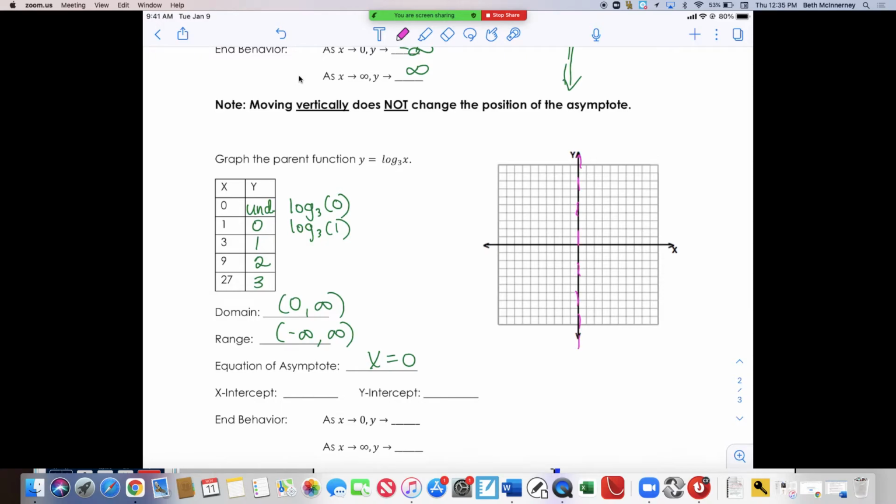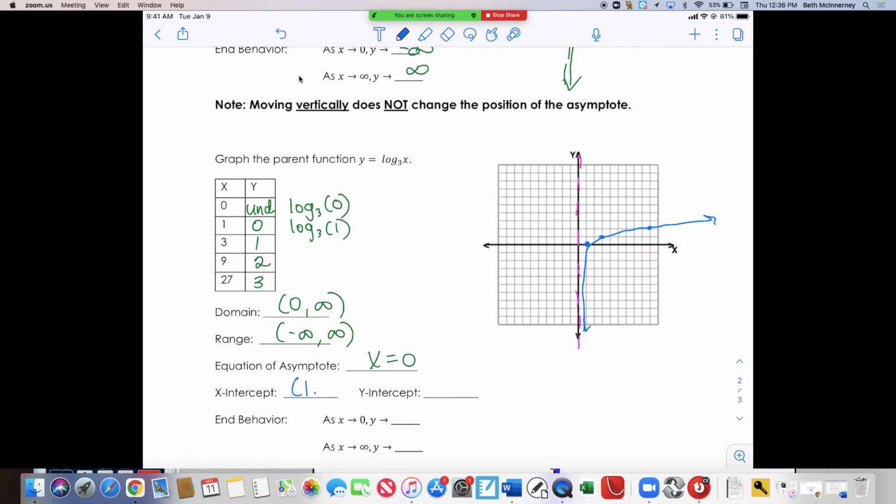All right, now I'm going to go ahead and just plot those first 3 points. So I'm going to have the 1, 0, 3, 1, and 9, 2. And if you graph it on your graphing calculators, it does shoot down to negative infinity as x is approaching the vertical asymptote.